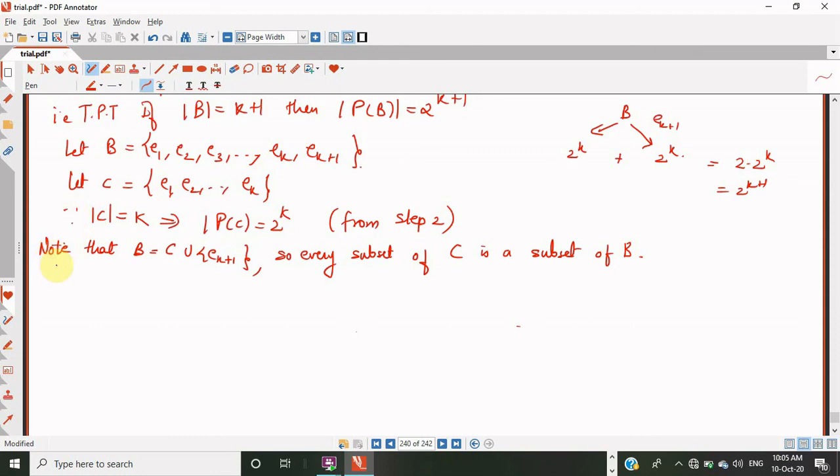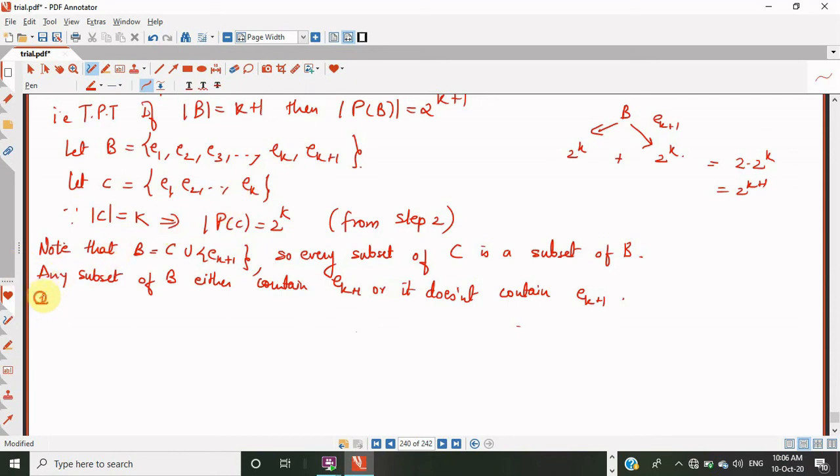Any subset of B either contains e_{k+1} or does not contain e_{k+1}. And if it does not contain e_{k+1}, then it's a subset of C also, and so we should have 2 raised to k such sets. And so that we will write down.